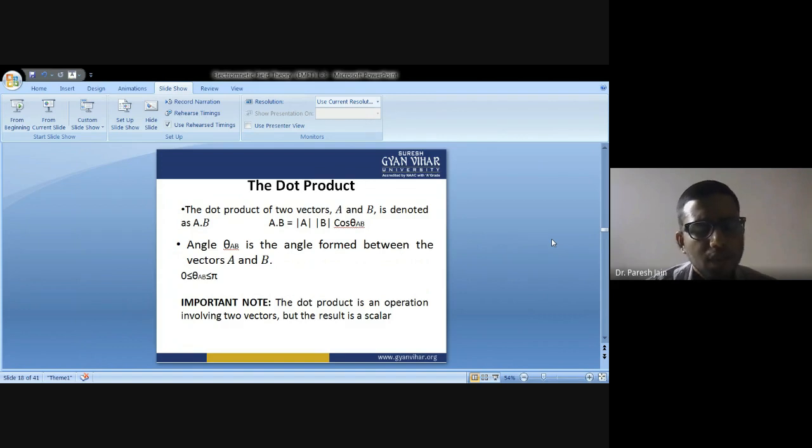The value of the angle theta varies from 0 to pi. Important note: the dot product is an operation involving two vectors, but the result is a scalar.